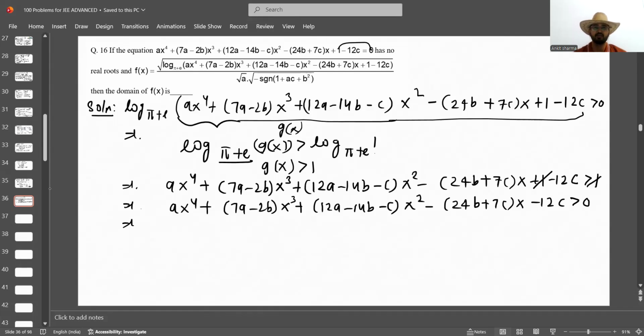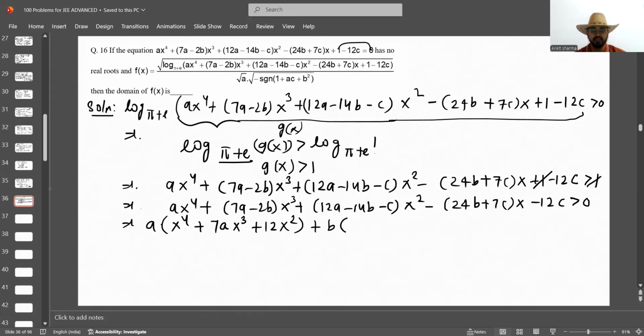Instead of solving this for x power 4, it's better to try to factorize this. So I'll collect all the a terms: x power 4 plus 7x cube plus 12x square. I've collected all a.